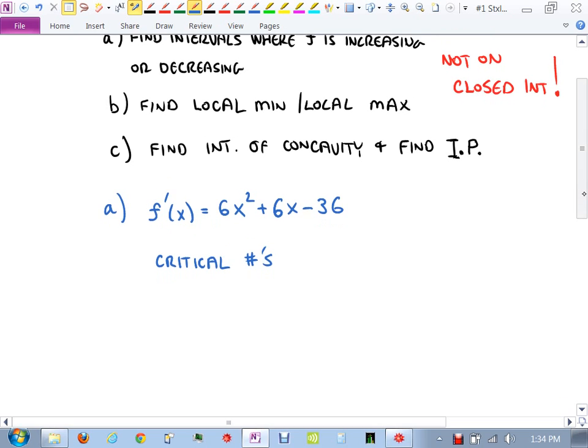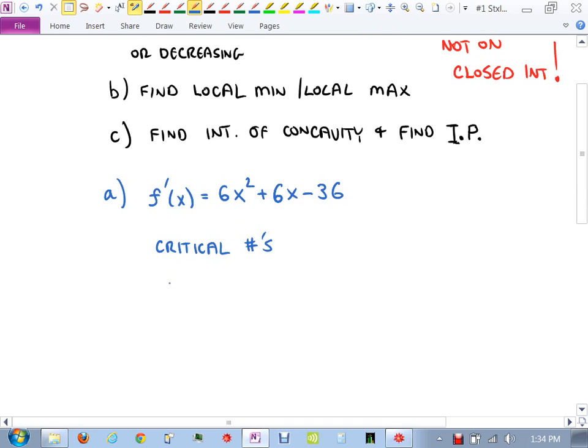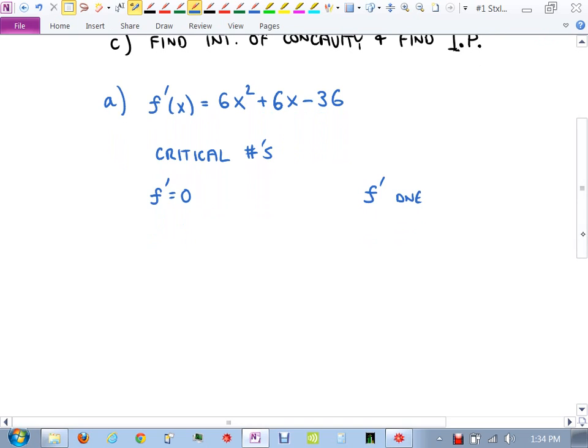We've done this, haven't we? All you have to ask yourself is two things. Where's the derivative 0? And where does the derivative not exist? Well, what about the does not exist? We don't have to worry about it, right? N/A, not applicable. Why? Our derivative is a polynomial. Polynomial functions are defined everywhere. It has no issues.